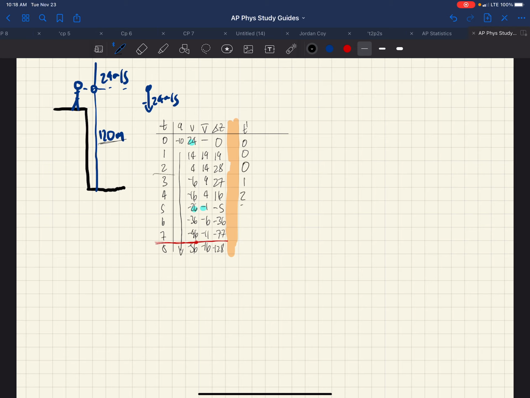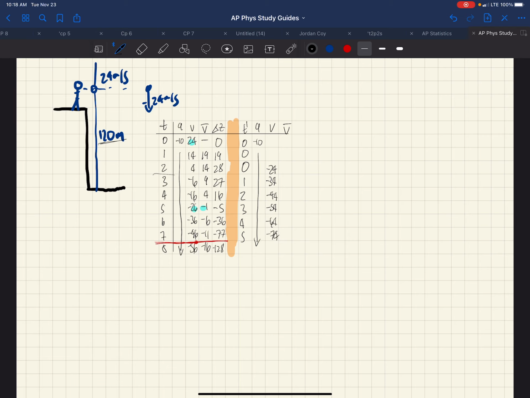So then 1, 2, 3, 4, 5. And then our acceleration is minus 10. Our instantaneous velocity at time 0, the first time 0, is minus 24. And then minus 34, minus 44, minus 54, minus 64, minus 74.